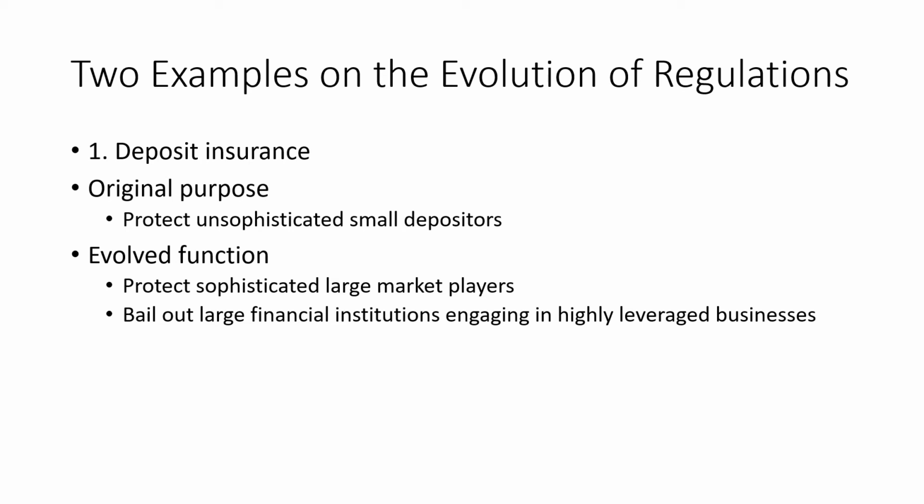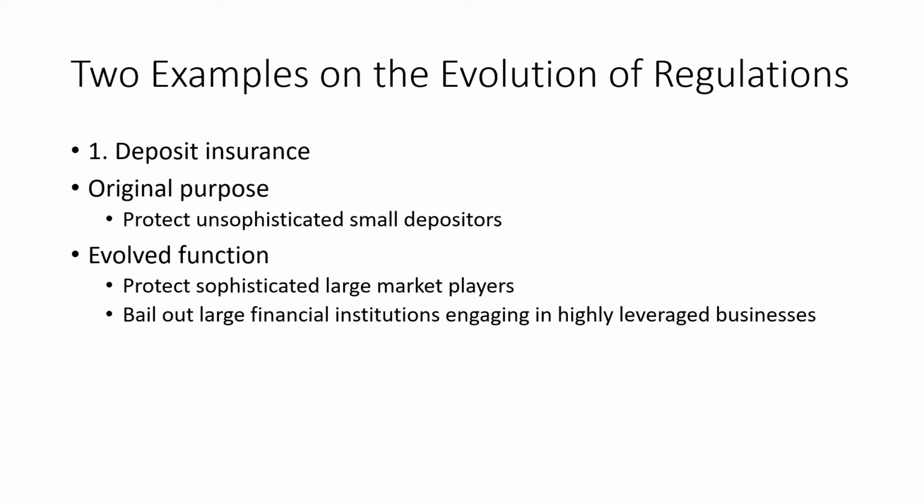Two examples of the evolution of regulations. First, deposit insurance. The original purpose of deposit insurance is to protect unsophisticated small depositors. Over time, it evolved to protect sophisticated large market players in the financial institutions.